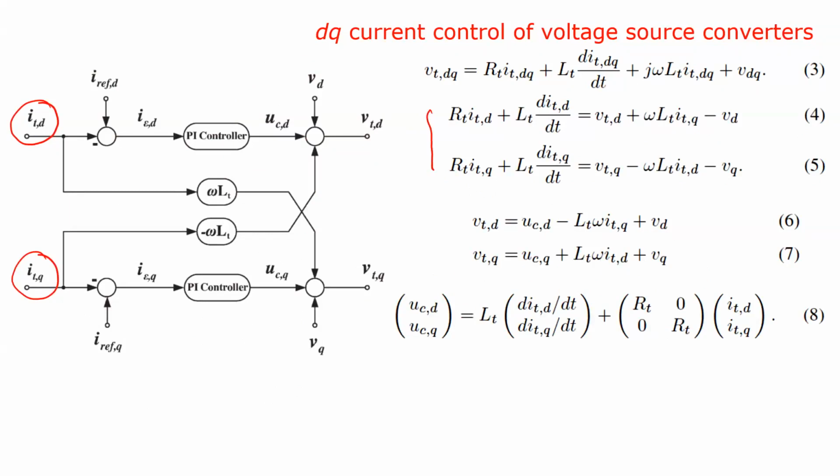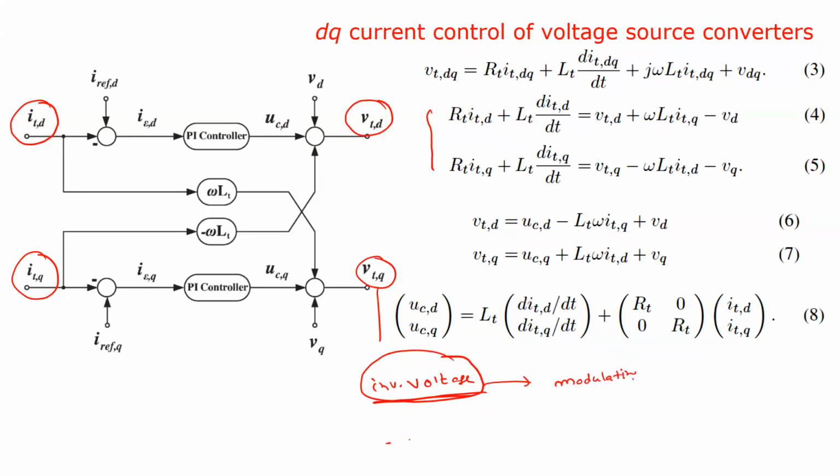Now this VTD and this ITD, these are the inverter voltages. Our ultimate objective is to find out the inverter voltages. In other words, these inverter estimated voltages will act as modulating signals to control the inverter.